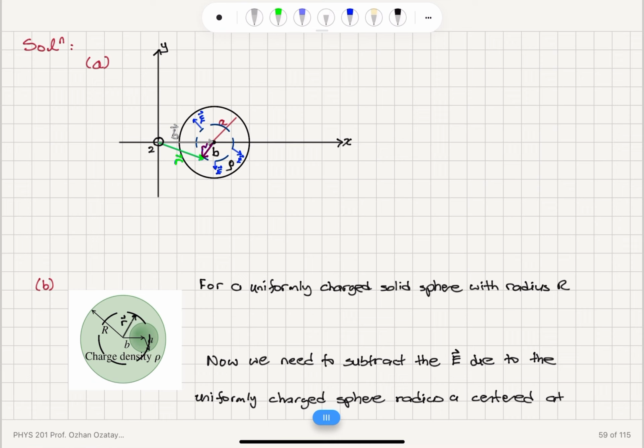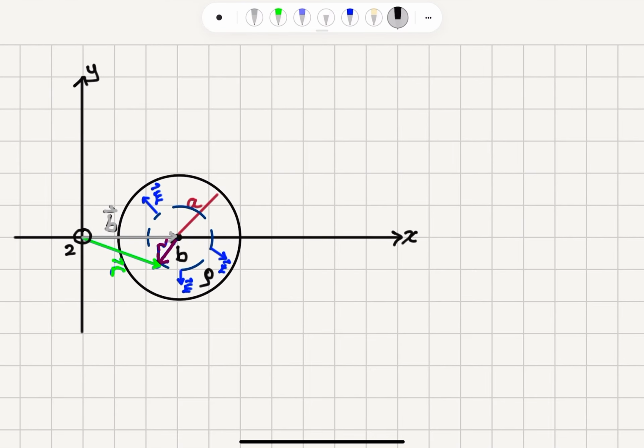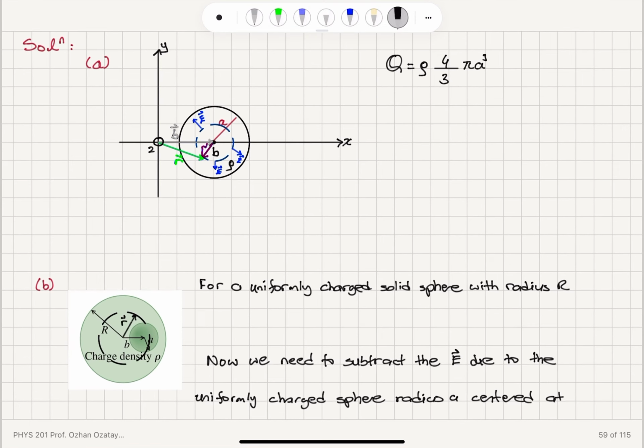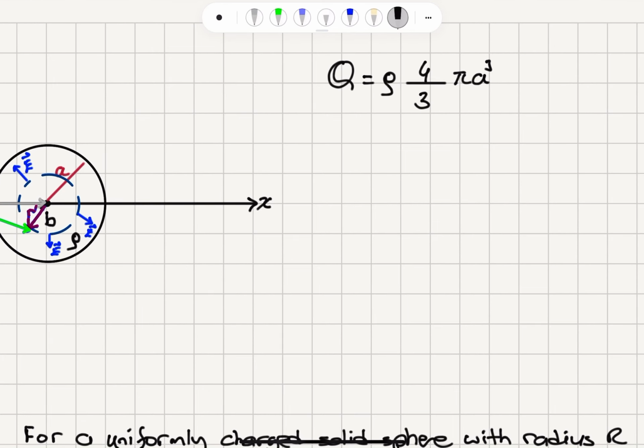For the total charge enclosed, Q will be equal to the charge density ρ multiplied by the volume of the sphere, 4/3 pi a cubed. Why? Because we have a uniform volume charge. Now we can write Gauss's law.